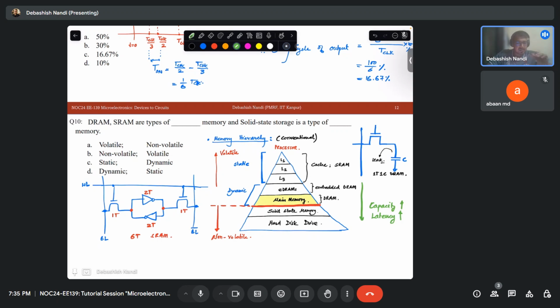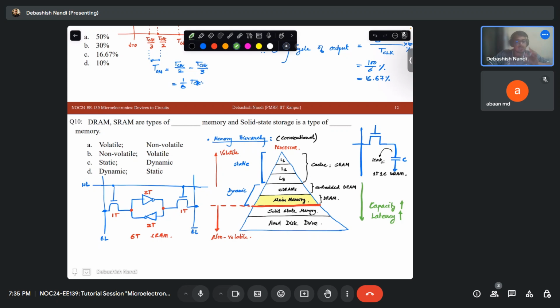Row decoder, column decoder. This we will discuss in the next session. So it will come in a matrix form. So these SRAM designs are made by the processor companies themselves. Intel has their own SRAM team. AMD has their own SRAM team. But DRAM and so on are procured from other dedicated memory companies.